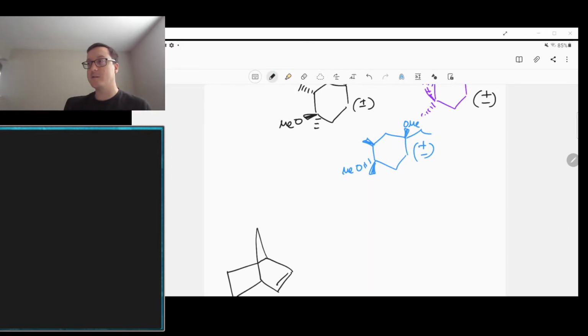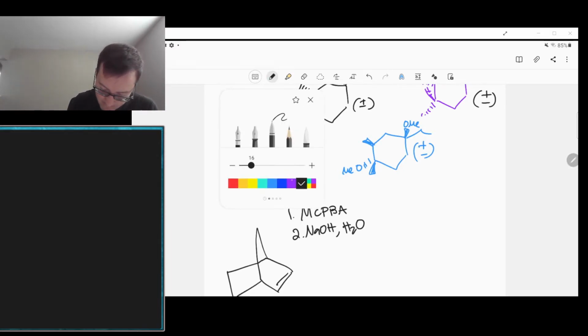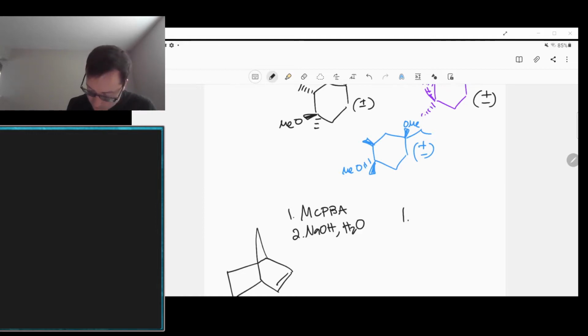How about this set of reagents? All right, we've got to figure out what these do. What do these two reagents do?